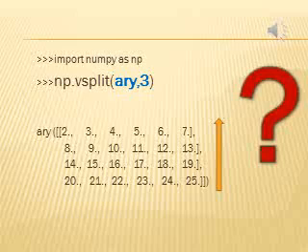To divide an array into 3 equal parts vertically, the rows should be a multiple of 3. Either the rows should be 3 or 6 or 9 or 12 and so on. Because here the rows are not a multiple of 3, they can be divided only into 2 or 4 equal parts.